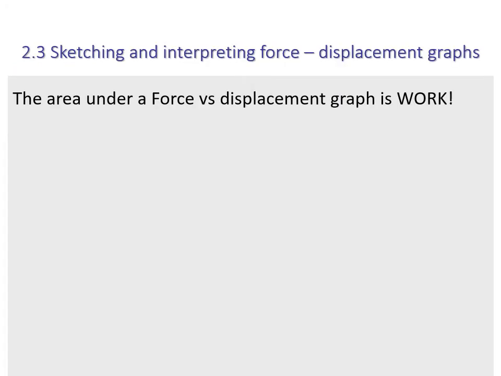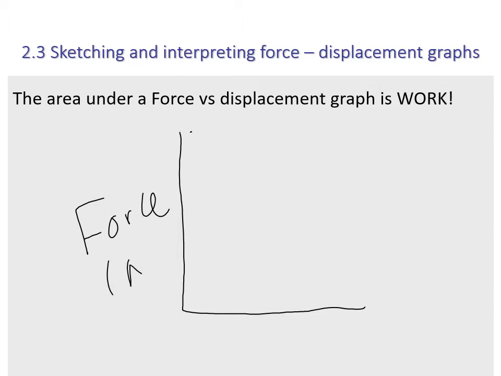The area under a force versus displacement, or force versus distance, graph is work. So I do want you to copy this. If we had force on the y-axis, the SI units would be the newton. And I have displacement, or distance, on the x-axis, and the units are meters.